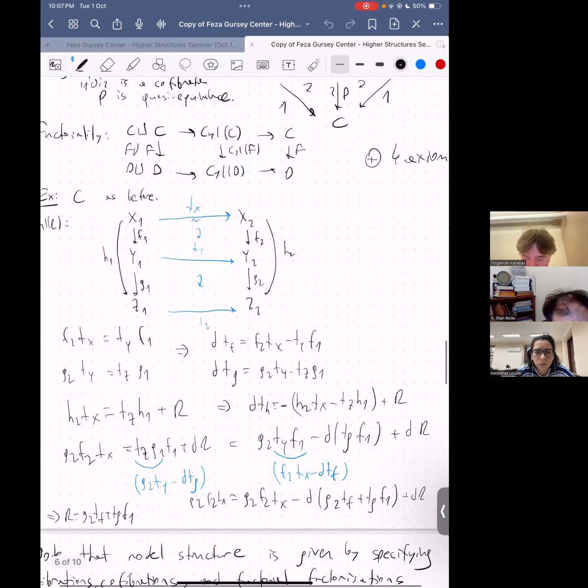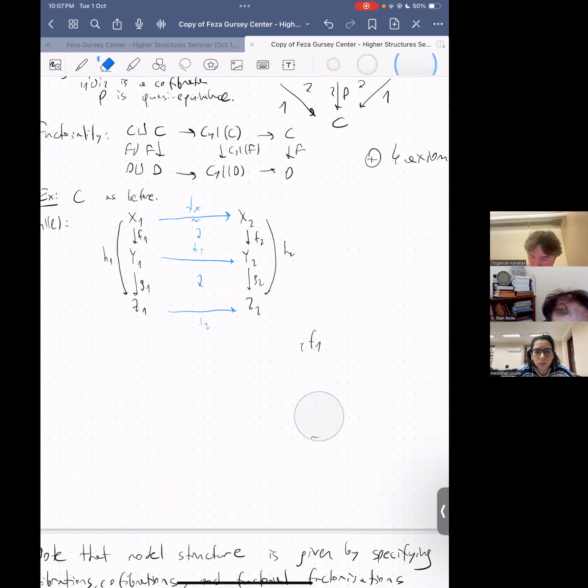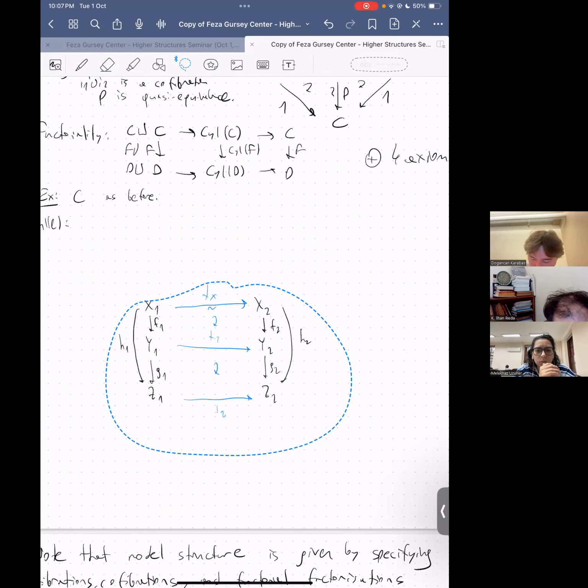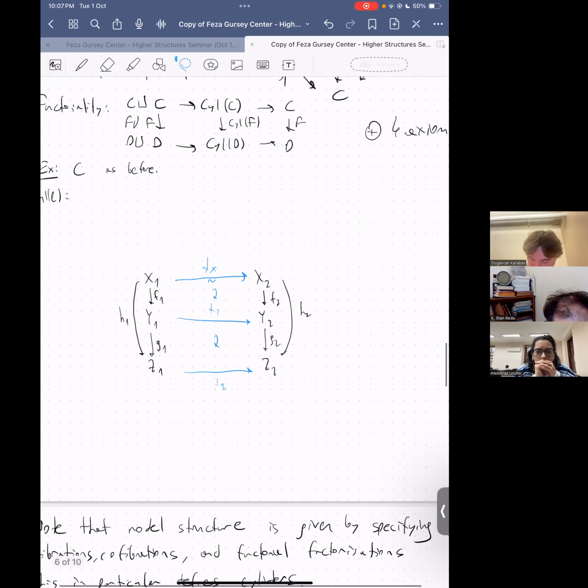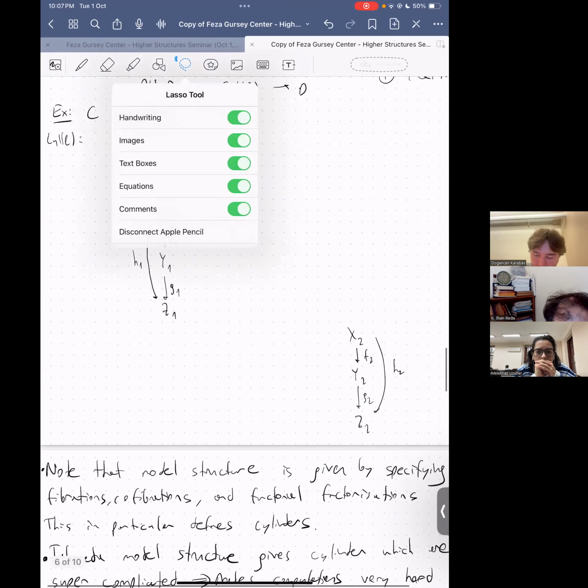Let me clear the area a bit. Maybe this example will make it clearer. So say my DG category is this, okay?